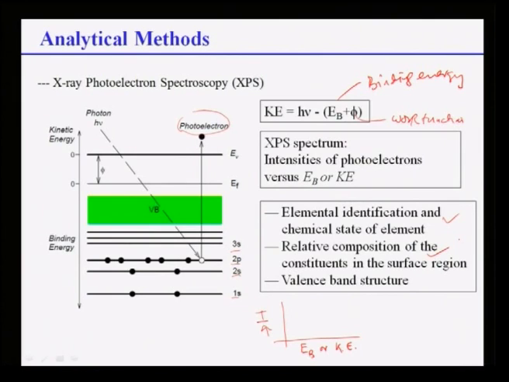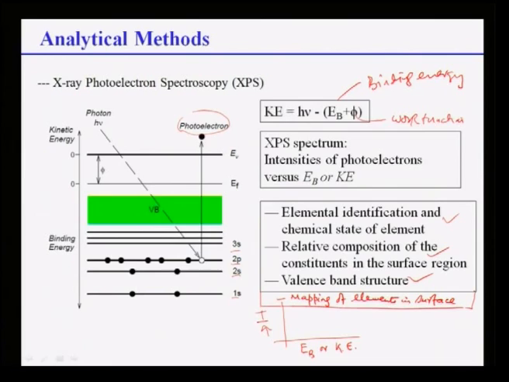We can measure the relative composition of the constituents in the surface region, and we can obtain valence band structure. In fact nowadays we can do mapping of different elements present in the surface. So a lot of things can be done in XPS, that is why XPS is considered a versatile tool.